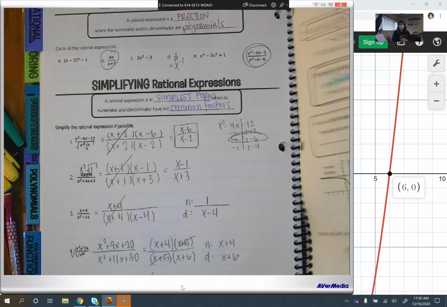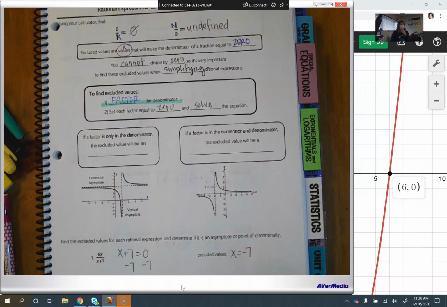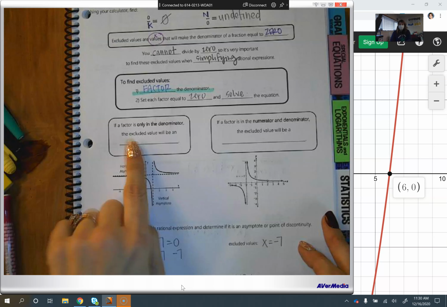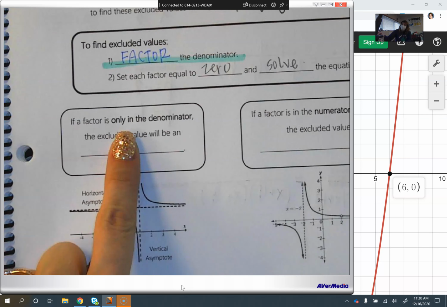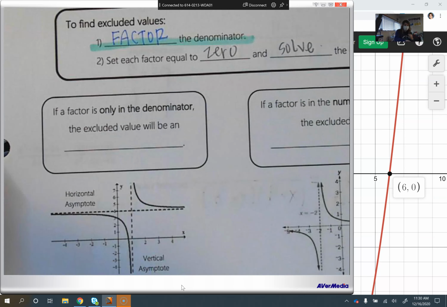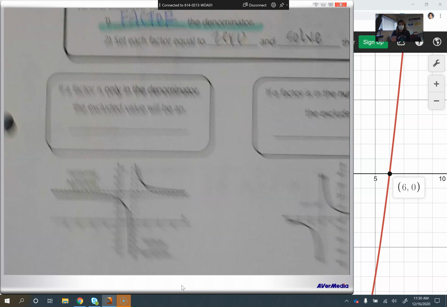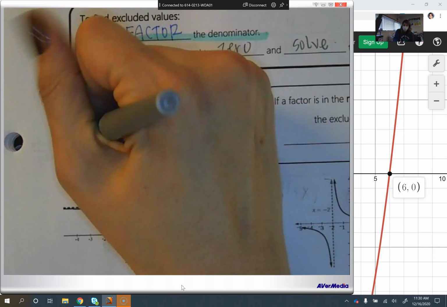Well, turns out we actually have to look also at what is in the numerator. So here's why. If the factor is only in the denominator, the excluded value is going to be an asymptote.